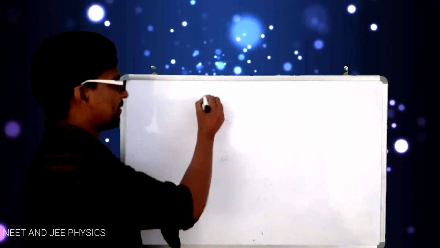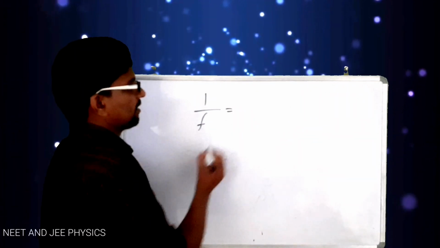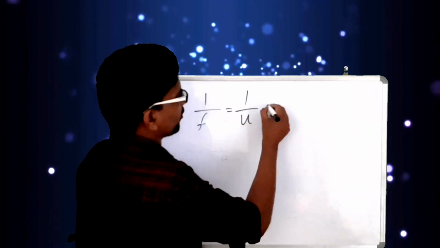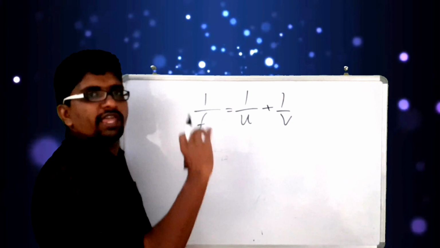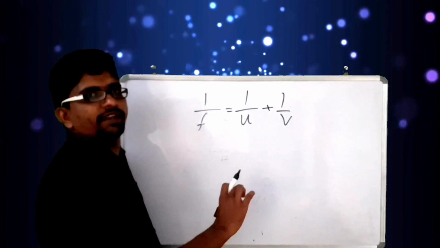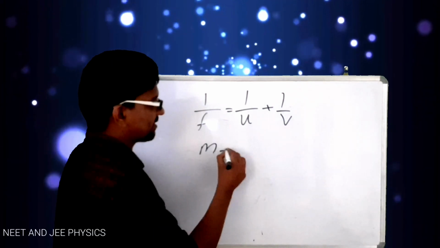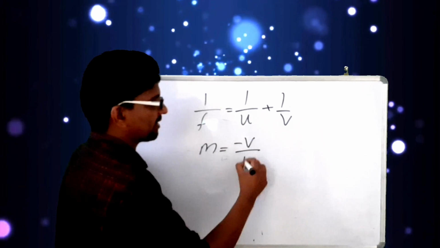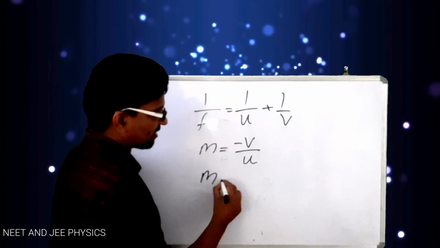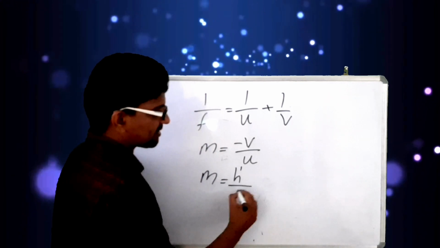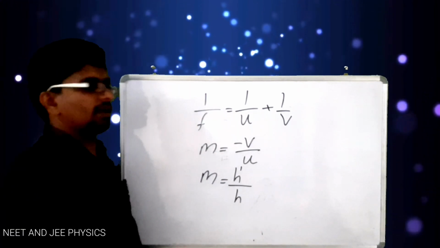In a spherical mirror, the relation connecting focal length, object distance and image distance is represented by this equation, 1 by f equals 1 by u plus 1 by v. And the ratio of image distance to the object distance, that is the magnification, is represented by this equation, m equals minus v by u, or magnification also equals height of the image divided by height of the object.